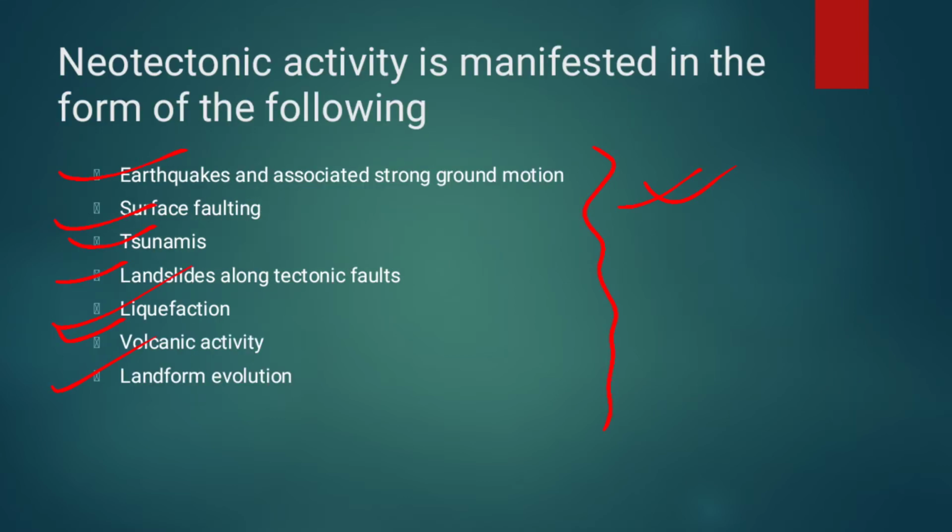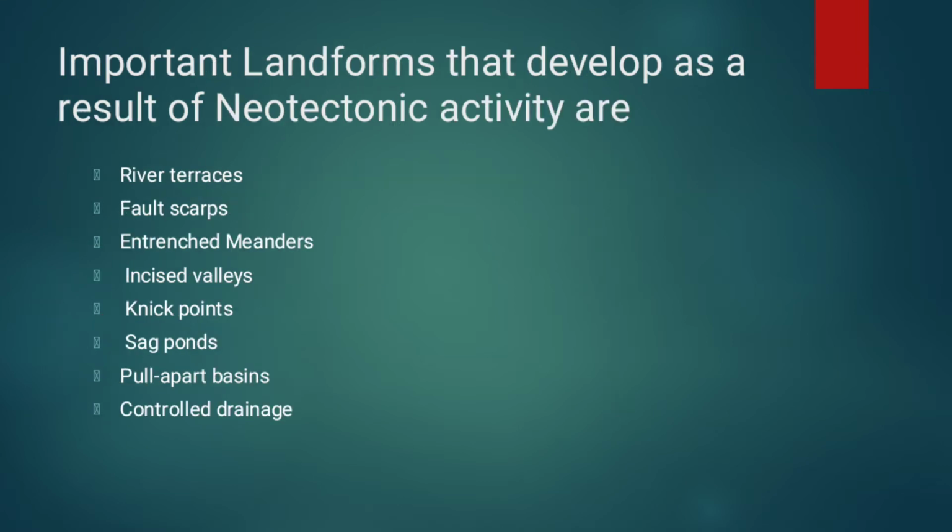And what are the conditions? Earthquake, surface faulting, tsunami, landslide, volcanic activity, and landform evolution can cause Neo-Tectonics to happen in a particular place.